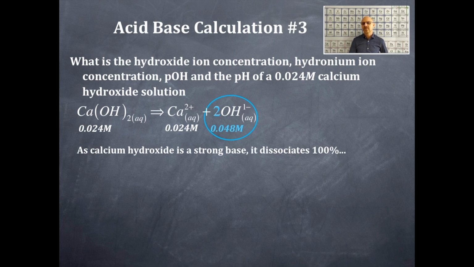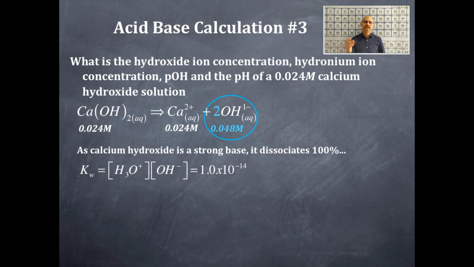From this value, I'm going to derive all the other components I am asked for in this problem. I'm going to use the Kw: the hydronium ion concentration times the hydroxide ion concentration is equal to the Kw, which is 1.0 times 10 to the negative 14 at 25 degrees Celsius. All of these are assumed to be at 25 degrees Celsius.